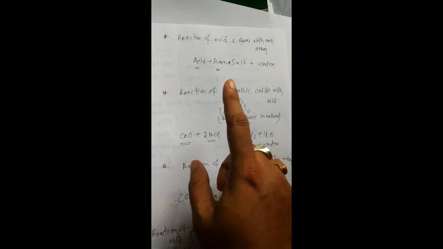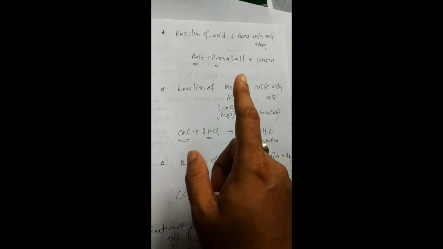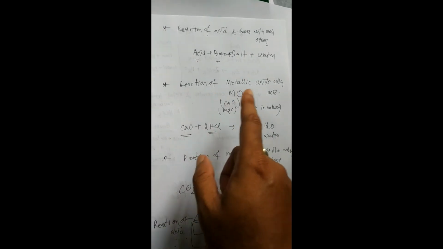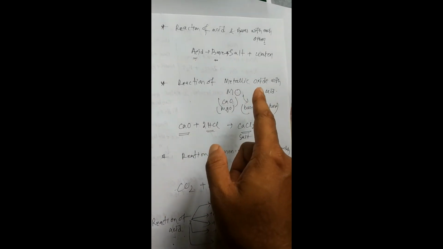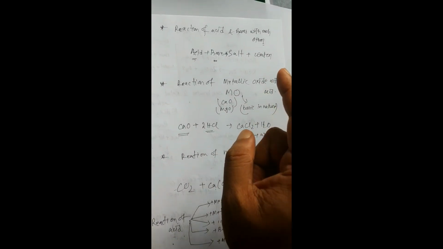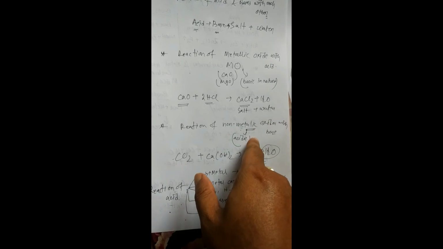After that, the reaction of acid and base with each other is a neutralization reaction. Metallic oxide is basic in nature, so it only reacts with acid, and non-metallic oxides are acidic in nature, so they react with base to produce salt and water. So these are the main important reactions of acids and bases.